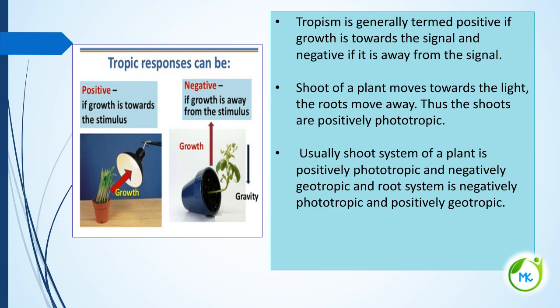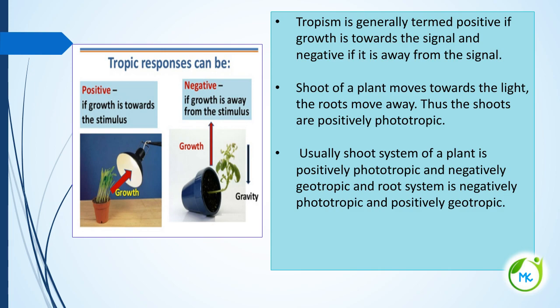So tropism is generally termed positive if the growth is towards the signal. So if the part of the plant is going towards the stimulus, then it is called positive tropism, and if it is going to go away from the stimulus, it is called negative tropism.